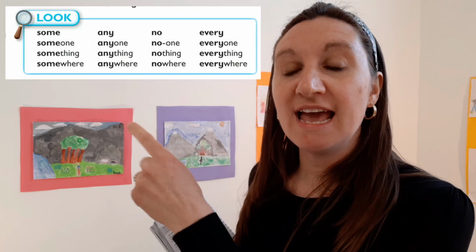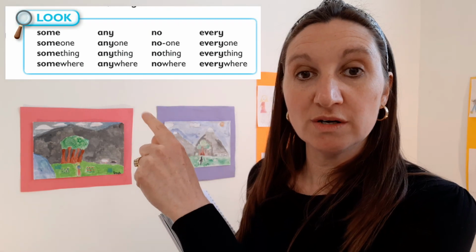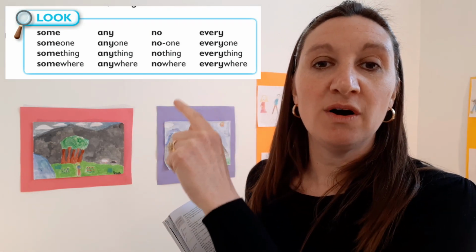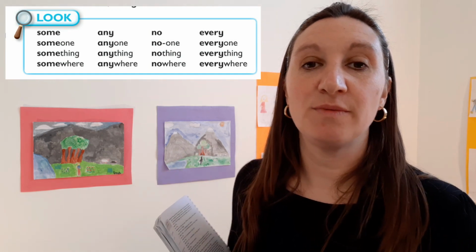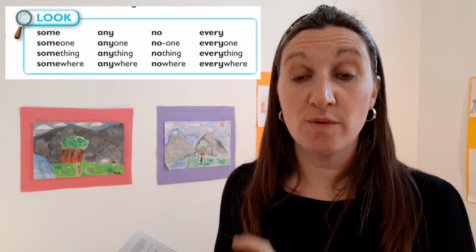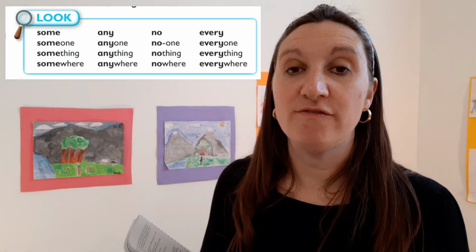Have a look at Pupils Book page 54, in the Look box. We've got someone, something, somewhere, anyone, anything, anywhere, no one, nothing, nowhere, and everyone, everything, everywhere.